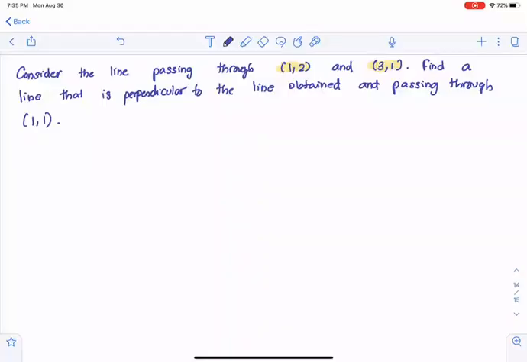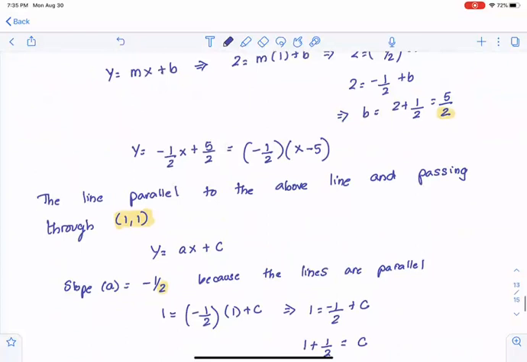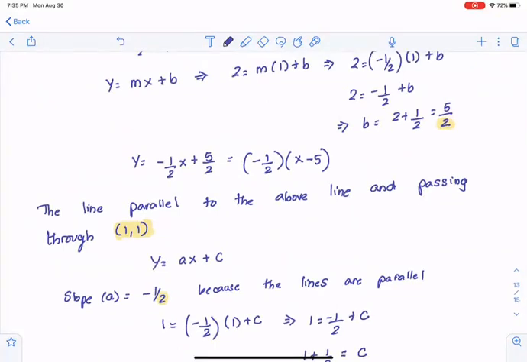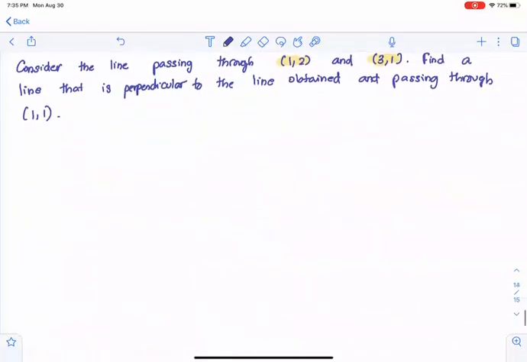So I'm going to consider the previous problem that we just did, where we found a line that is parallel to the one we obtained and passing through 1, 1. This time, we're going to find the line that is perpendicular to the line we obtained and passing through 1, 1. The line that passes through 1, 2 and 3, 1 is -1/2 x plus 5/2. We did that in the previous problem.